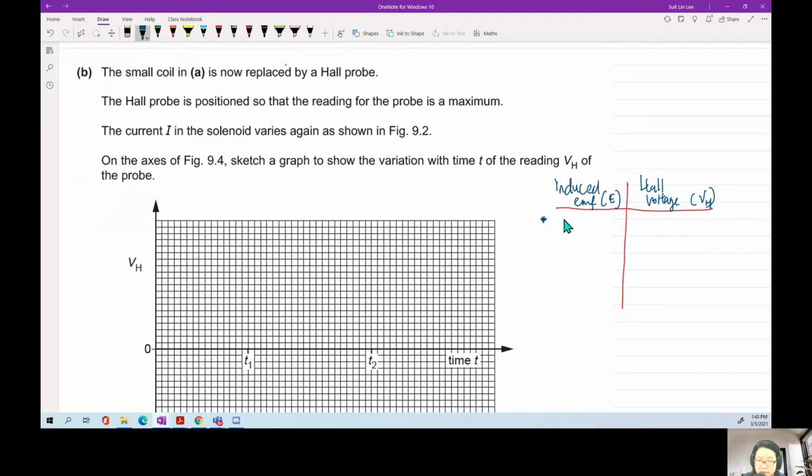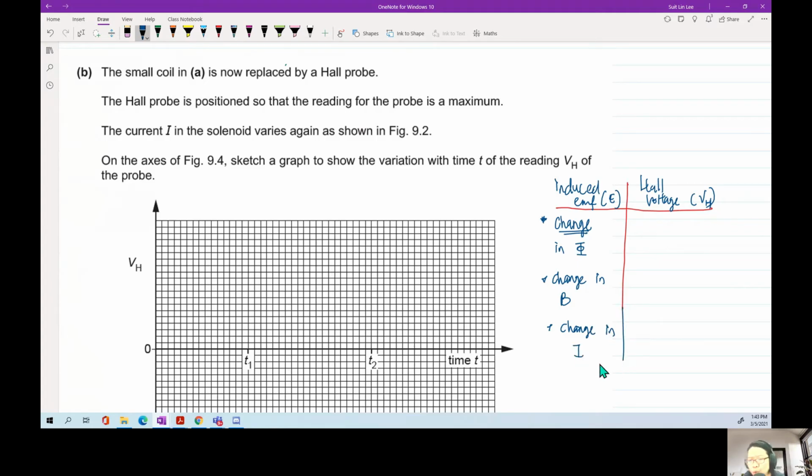For this induced EMF to exist, there must be a change in magnetic flux. And for there to be a change in magnetic flux, there will be a change in B. And for there to be a change in B, normally there's a change in current.